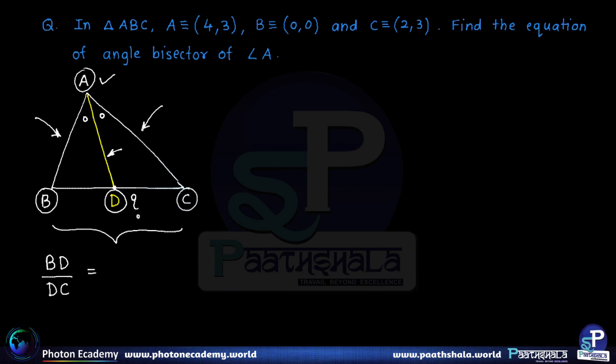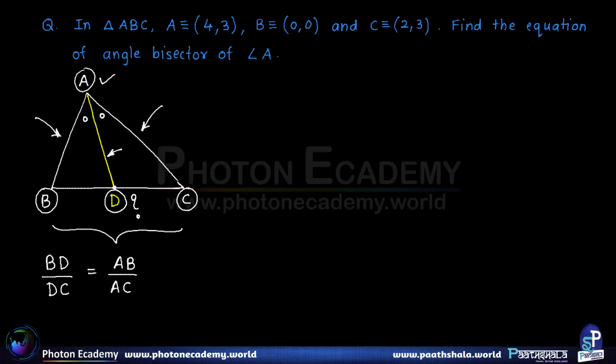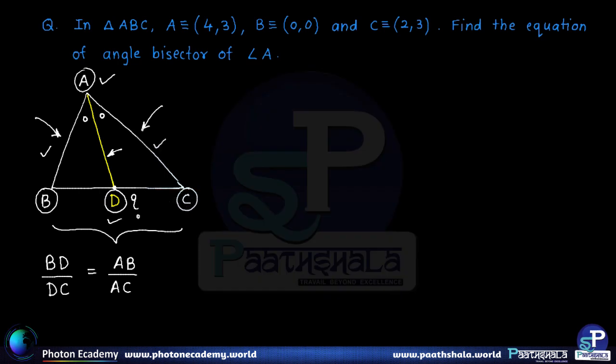That's the ratio in which segment BC is divided, has to be equal to AB is to AC. Okay, that's the result. That's always true in any triangle for any angle bisector. Okay, so that means we have to get the value of side AB, we have to get the value of side AC, and that's the ratio of internal division. And once we know the ratio of internal division, we can get the coordinates of point D.